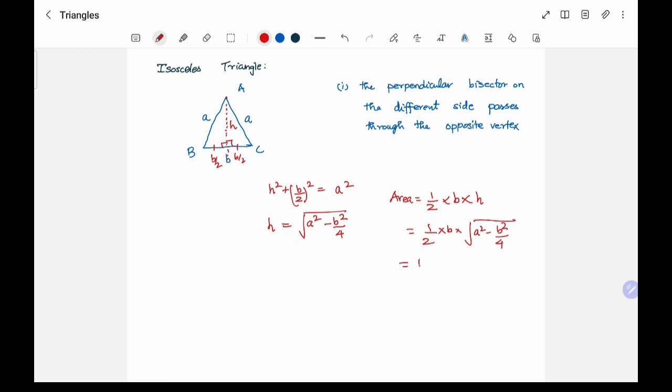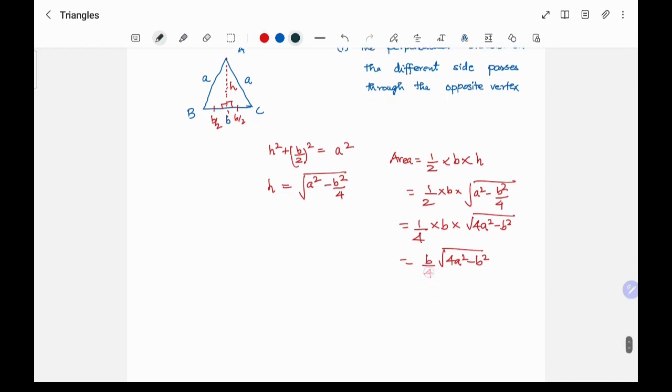If we take 4 out, we get 1 by 4 into b into root of 4a square minus b square. So b by 4 into root of 4a square minus b square is the area formula. So this is with the isosceles triangle.